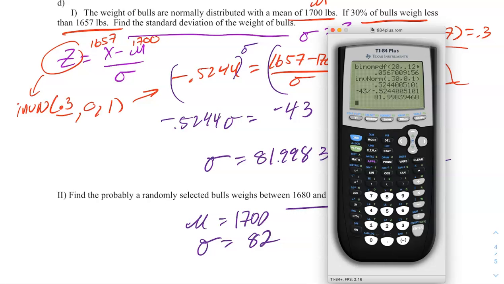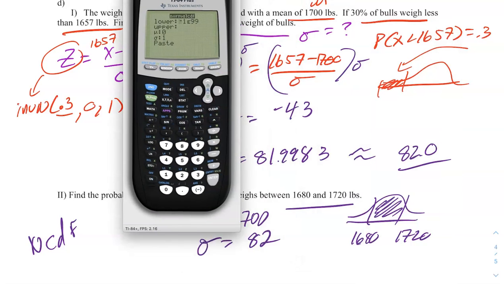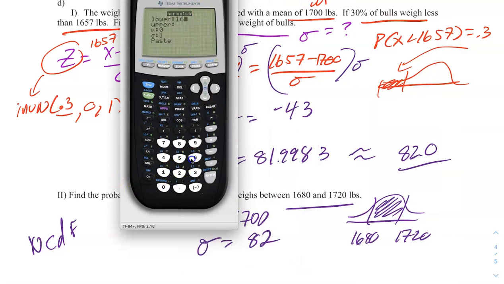So it's the normal CDF problem with all that information. So second distribution, normal CDF, lower bound is 1680, upper bound is 1720, mean is 1700, standard deviation is 82.